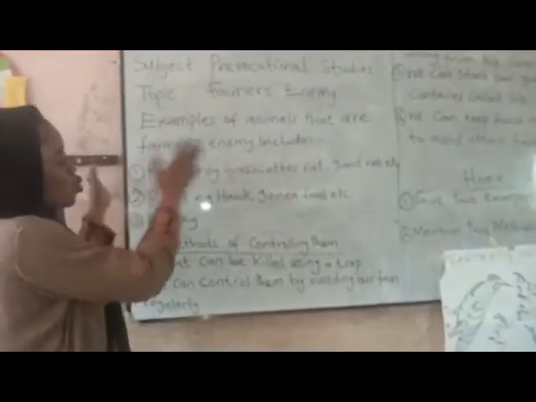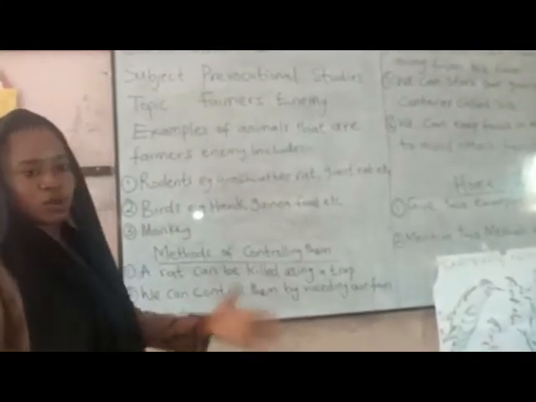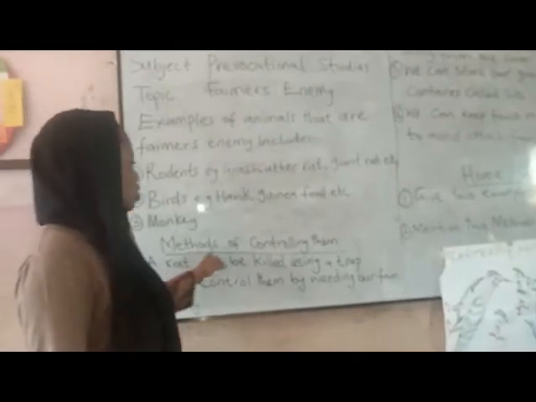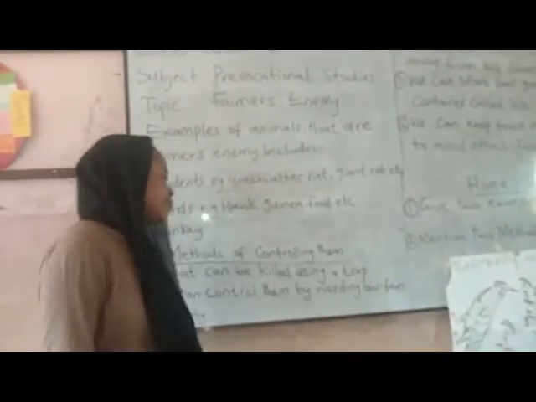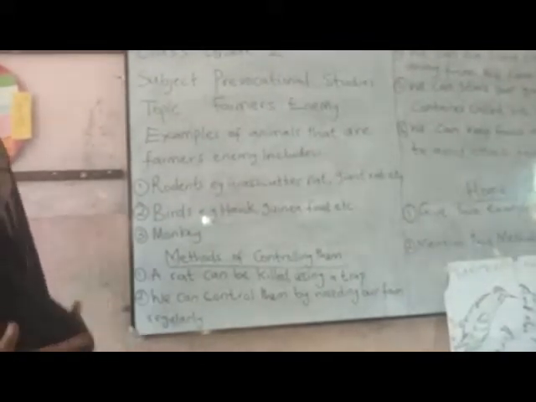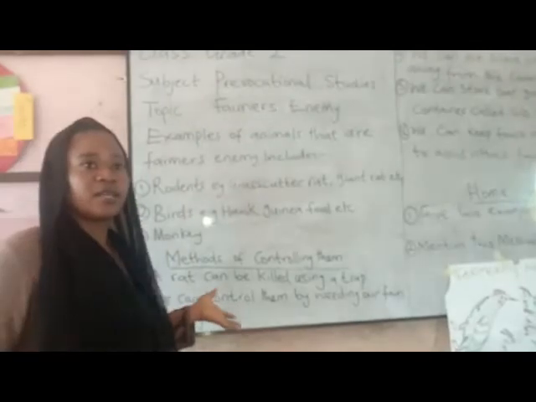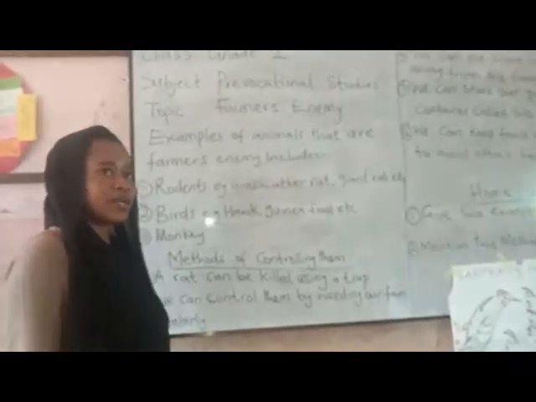Having mentioned them, we have identified them, we know who they are. How do you think we can get hold of them so that they will not be enemies to farmers? Methods of controlling them. How do we control them so that they will not keep on destroying our farm produce and they will not make the farmer angry all the time?